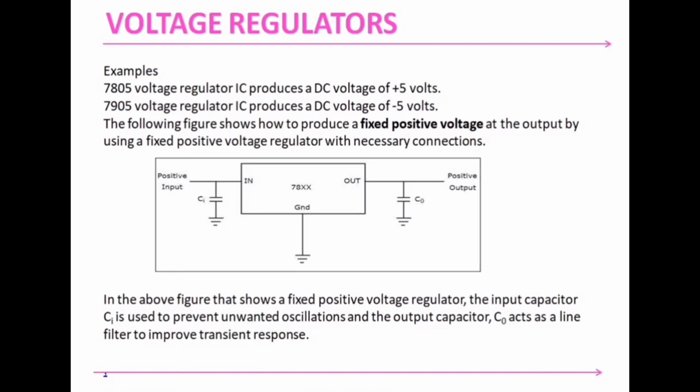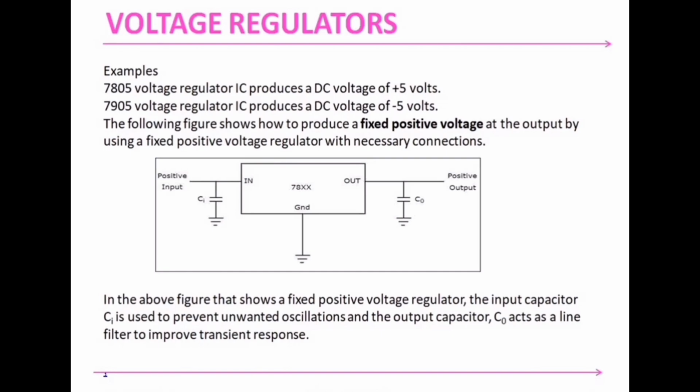There are 7 types of 79XX available. One is 7905, another one is 7906, 7908, 7912, 7915, 7918, that is, it produces minus 18 volt, then 7924.